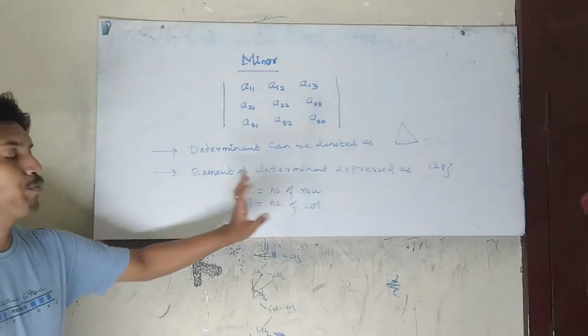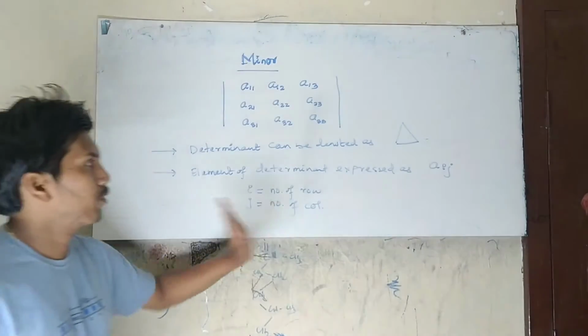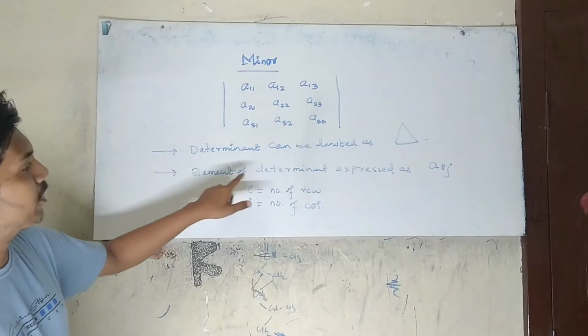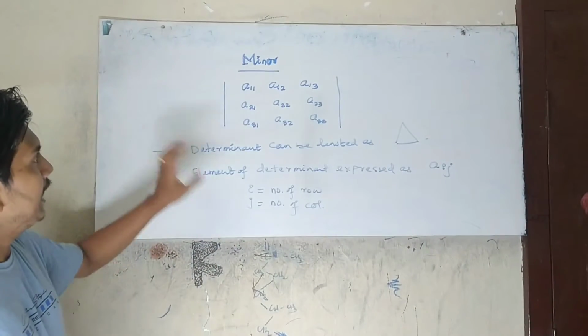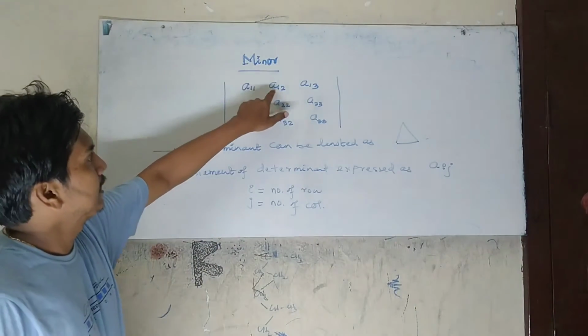So i is the number of row and j is the number of column. Any element of a determinant is expressed as Aij. What are those elements? These are the elements.